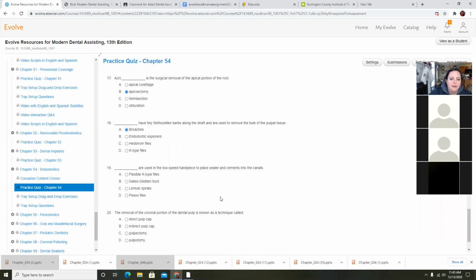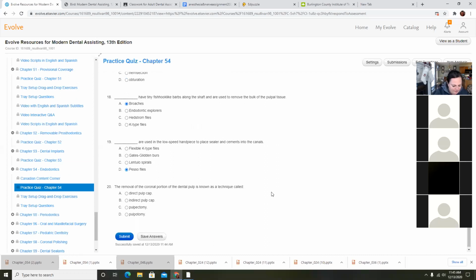Blank are used in the low-speed handpieces to place sealer and cement into the canals. I'm pretty sure it's... peso file. No, I said A. You said A? A or hand files?